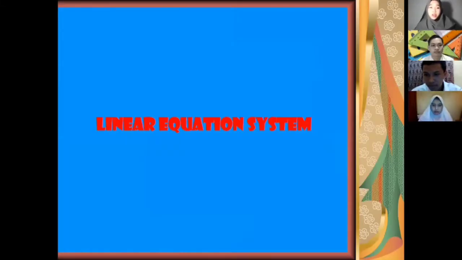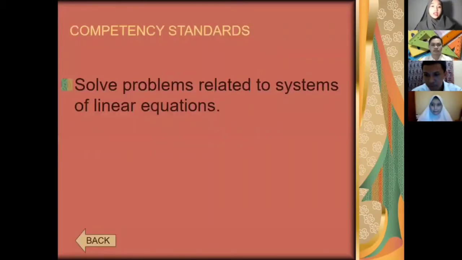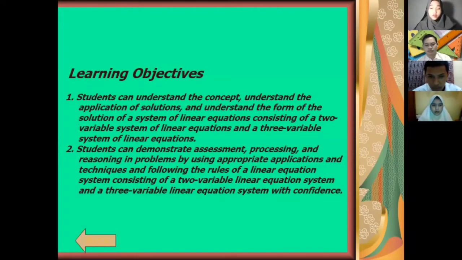Previously, I have shared the PowerPoint. Before I explain about linear equations, I will explain the learning objectives of this material. First, students can understand the concept, the application of solution, and the form of the solution of a system of linear equations consisting of a two-variable system and a three-variable system of linear equations.